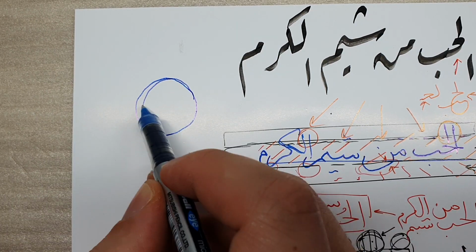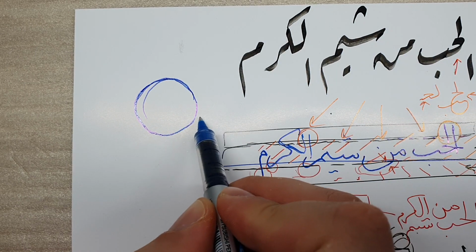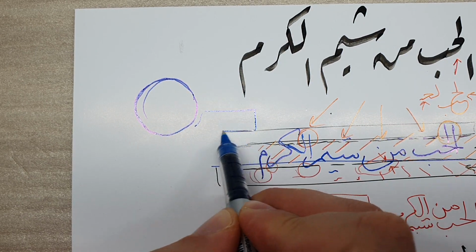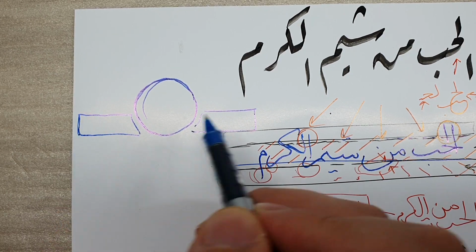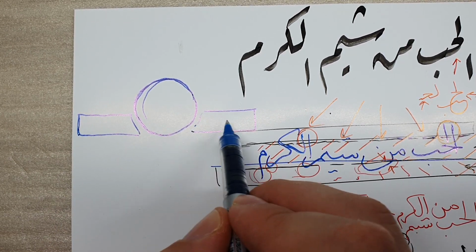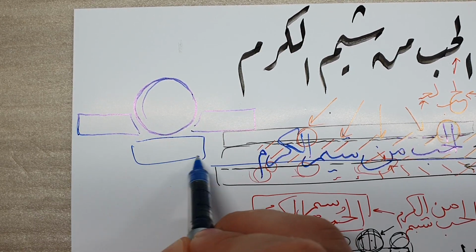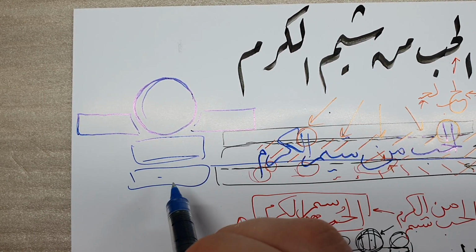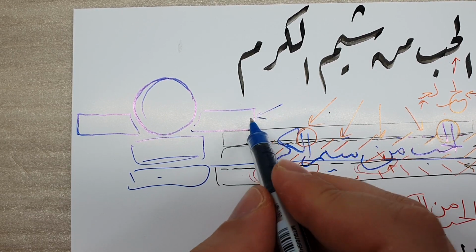Here's an idea: it is a wedding card. They want this to be in the center here, and they want the bride and the groom names written right and left of it, or top and down, whatever arrangement you want. They want this, for example, in Diwani Jali.